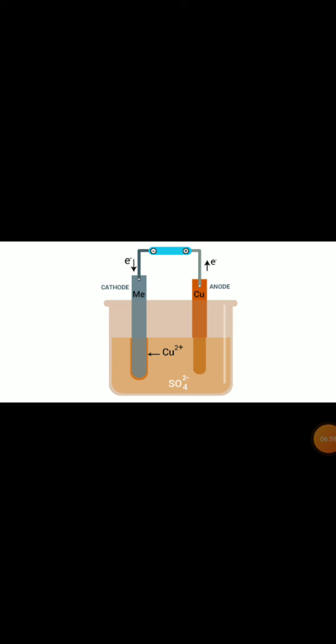So as a result, the pure copper is deposited at the cathode. So this is an example of refining of copper. So this is all about refining of metals, in which we learned electrolytic refining.